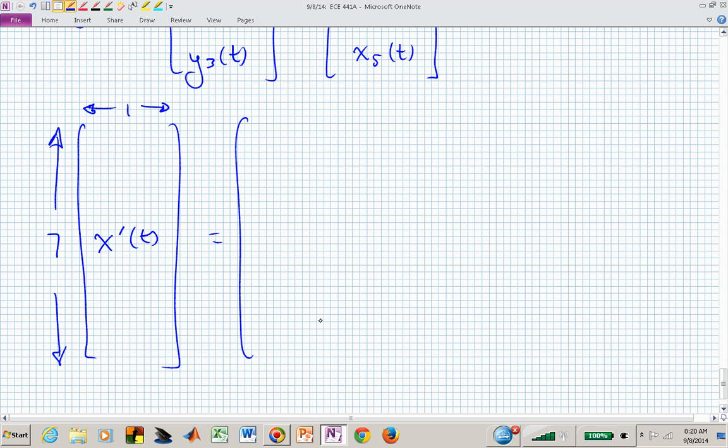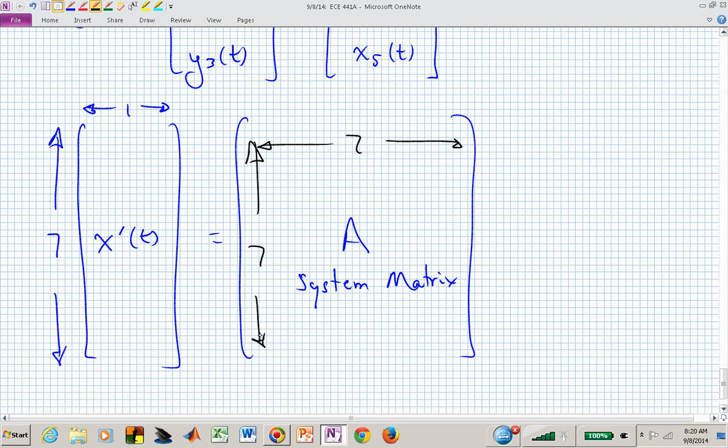That's now equal to the system matrix A, and this is 7 columns wide and 7 rows tall. It's square. That now gets multiplied by the state vector x of t, which is again 1 by 7. I'm sorry, 7 by 1. We usually say rows first by columns.